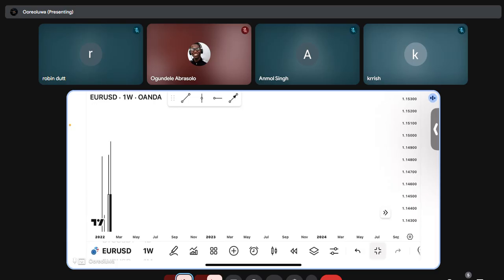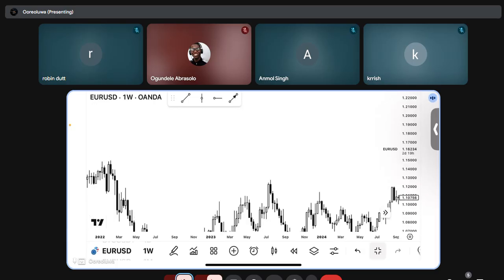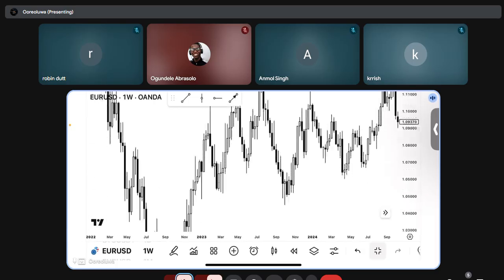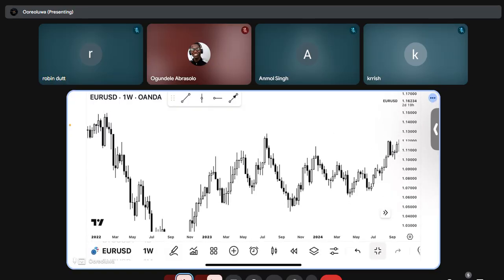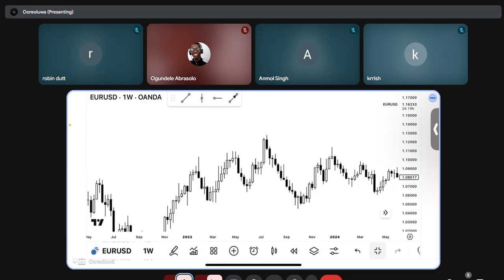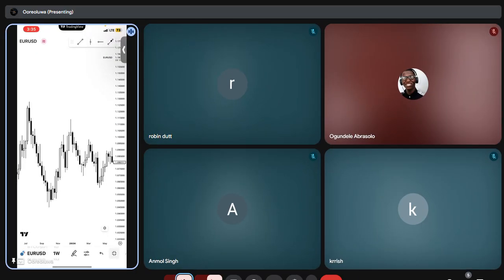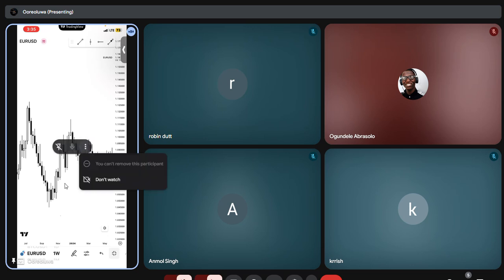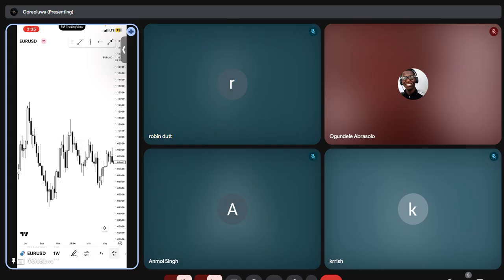You don't want to use this model at random or anyhow. It is not meant to be used anyhow. You use it at points where you expect price to leave, with your analysis, your ICC analysis.